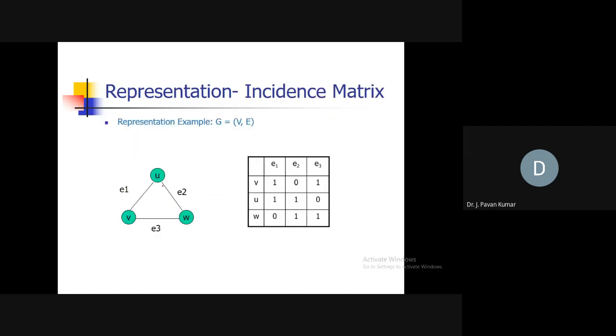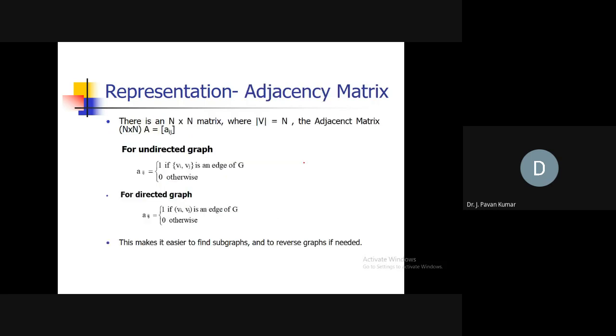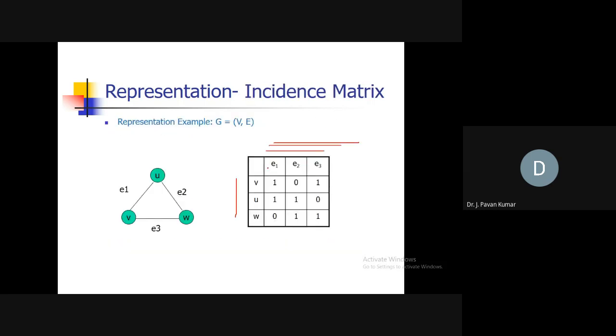Consider that we have three vertices, so three rows, and the number of edges is three, so three columns. Suppose four edges are there, then we will have four columns. So the number of rows will be the number of vertices, and the number of columns will be the number of edges. Every edge will be incident on two vertices, so the corresponding entries will be filled with 1. So E1 is incident on two vertices U and V, so the corresponding entries are filled with 1, and the remaining will be 0.